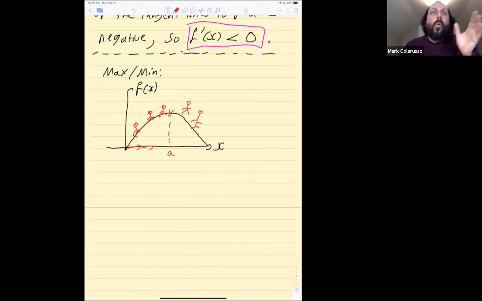You want to figure out what parameters do I need to get the function to be as large as I can, given my circumstances, given the area in which I'm working. And that point is called a relative maximum. And so we want to be able to identify these peaks without having a graph of a function.